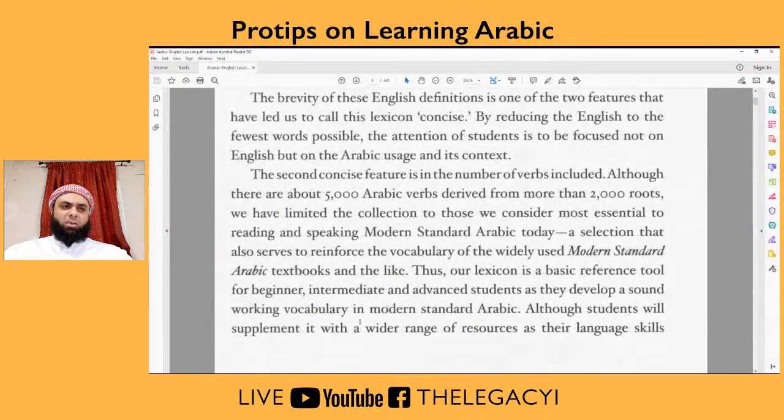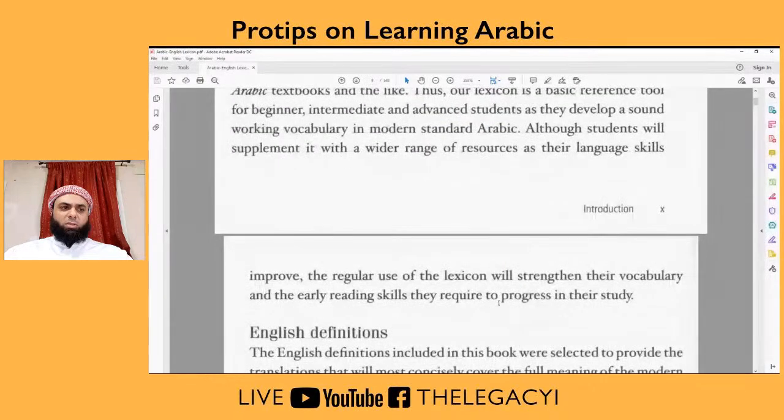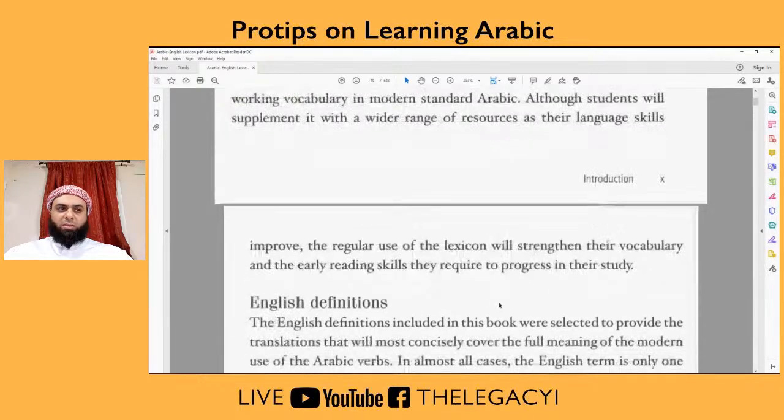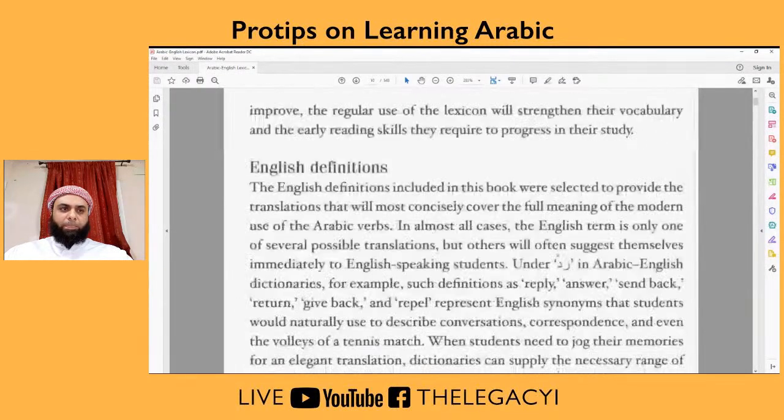Thus, our lexicon is a basic reference tool for beginner, intermediate, and advanced students as they develop a sound working vocabulary in modern standard Arabic. While the students will supplement it with a wider range of resources as their language skills improve, the regular use of the lexicon will strengthen their vocabulary and the early reading skills they require to progress in their study.